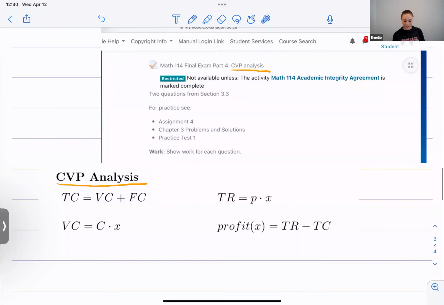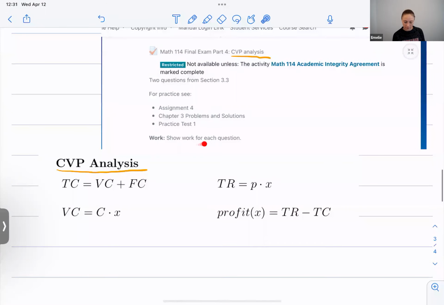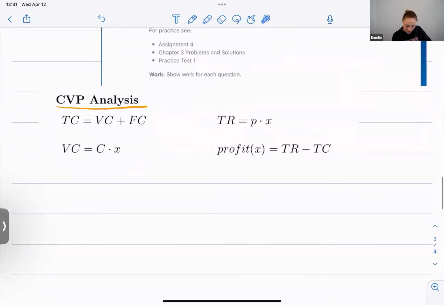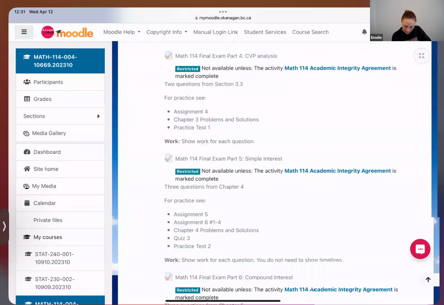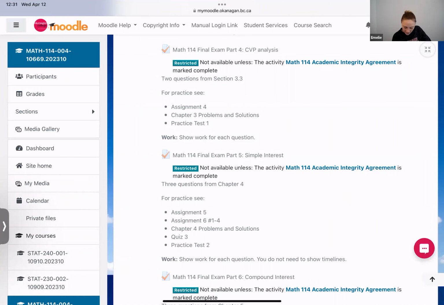In terms of practice, you had assignment 4, the chapter 3 problems and solutions, and also practice test 1. You had maybe 1 or 2 questions on CVP analysis on test 1, so you can look at practice test 1. You do have to show your work. So far, the only one that you have a freebie on in terms of not showing work is part 2. Otherwise, you have to show work for all of them. So you're better off just assuming you have to show all your work, and then there's freebies along the way.